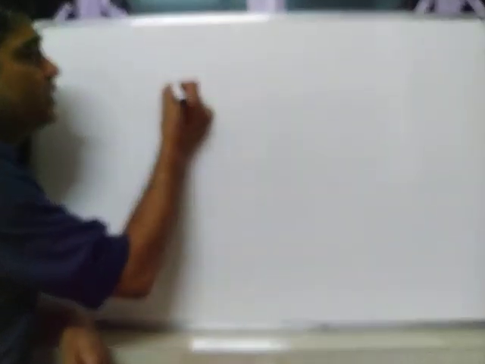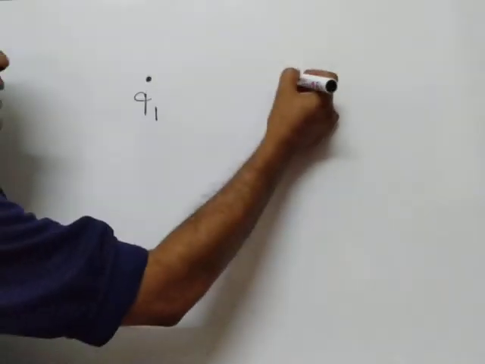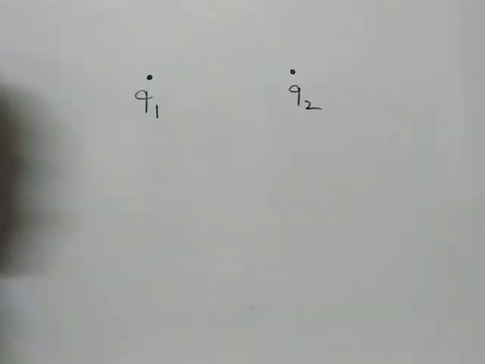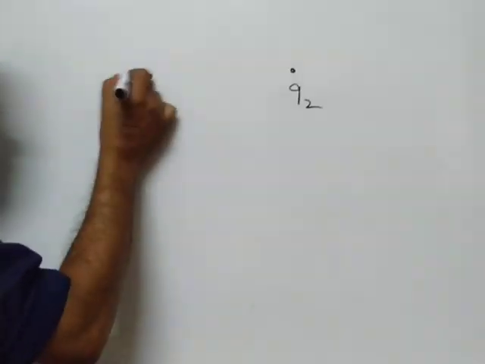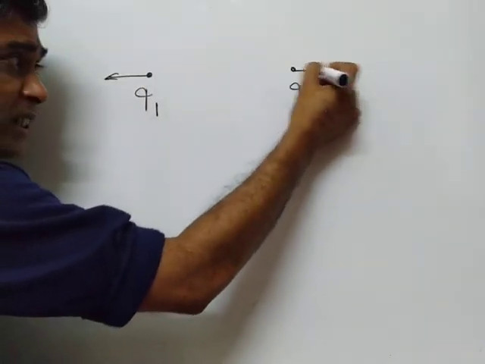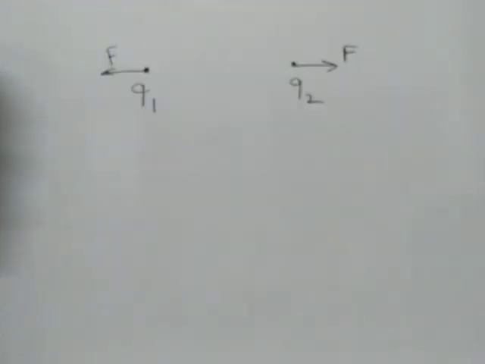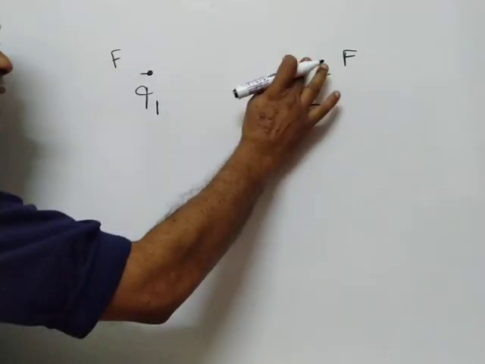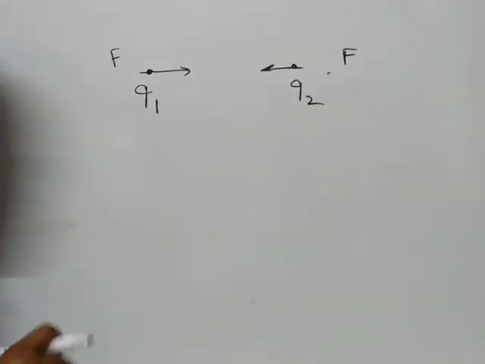Let Q1 be a point charge and Q2 be another point charge. If they are similar type charges, then they will exert repulsive force on each other. This force is similar. And if they are opposite charges, they attract each other with similar force.